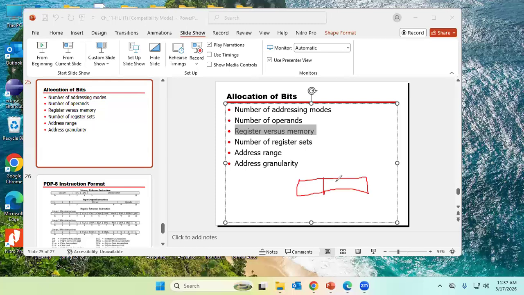So this is the register number. Remember here, I can reference. This is the register number. And this is the memory location, guys. Obviously, this needs lots of extra bits. With a memory address, 4 bits reach only 0 to 15, while here with 4 bits you can reach 16 registers.